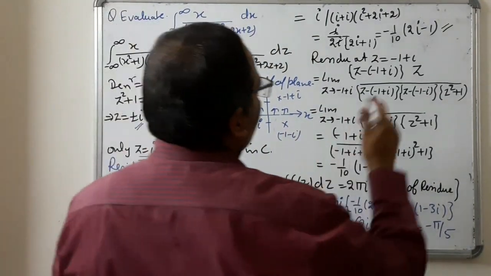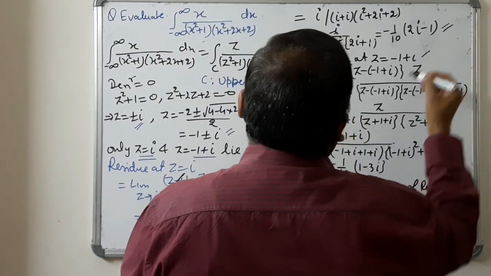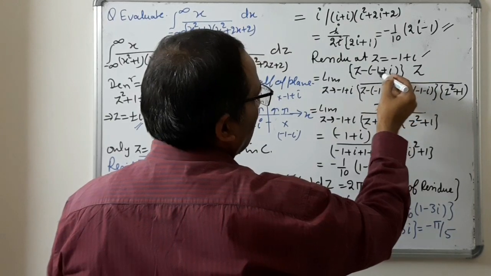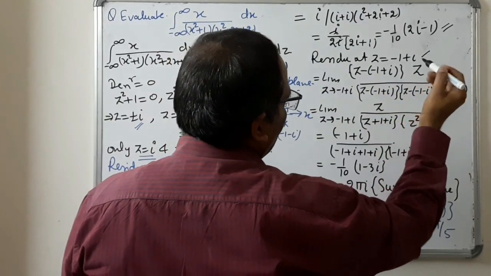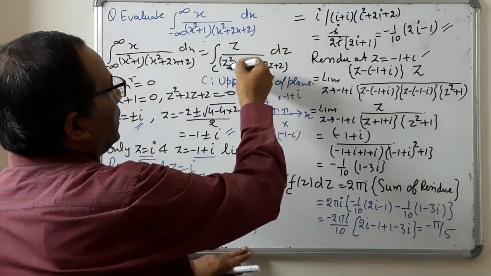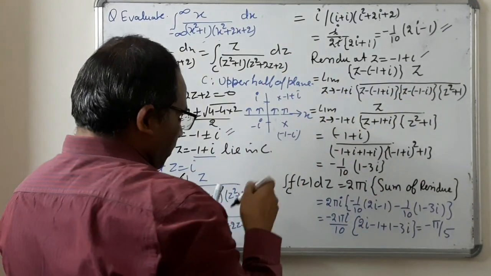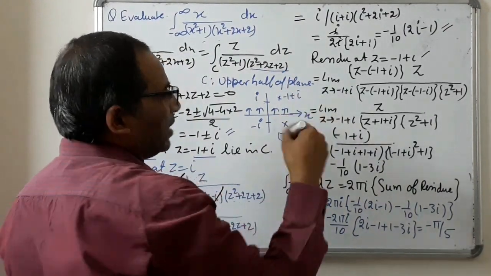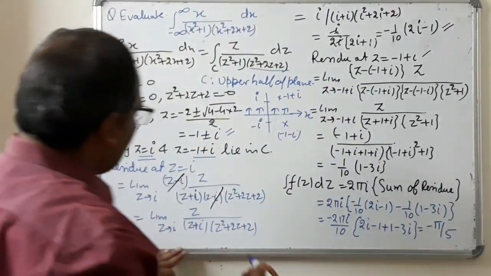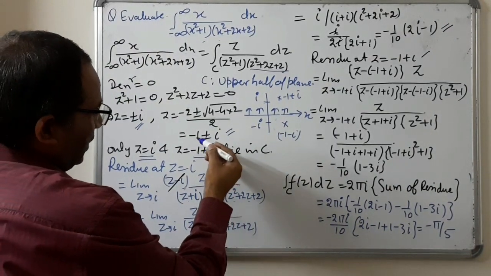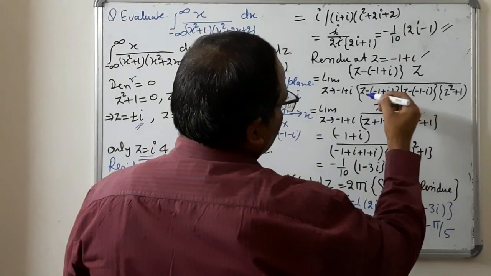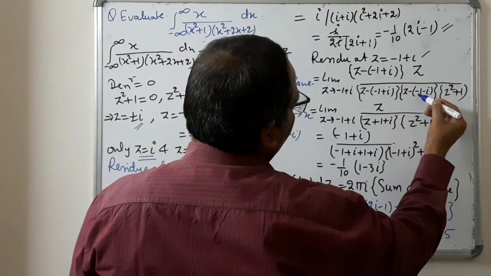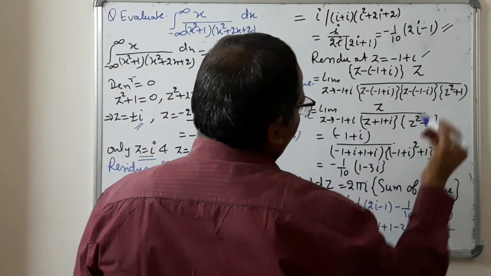Now we find the residue at z equal to minus 1 plus i. So limit z tending to minus 1 plus i, z minus the singularity, that means minus 1 plus i, into f of z. f of z is z upon z square plus 1 times z square plus 2z plus 2. This part we can write as z minus alpha, z minus beta, where alpha is minus 1 plus i and beta is minus 1 minus i. So we put z minus alpha, alpha means minus 1 plus i, and z minus beta means minus 1 minus i, and z square plus 1.